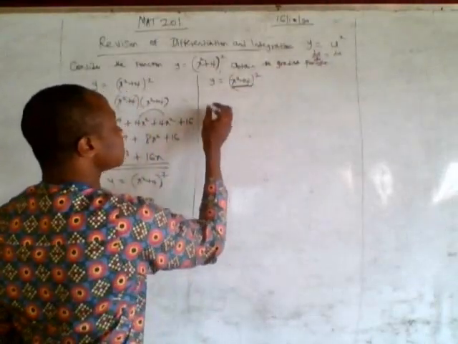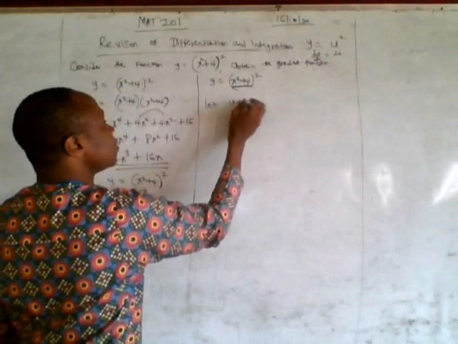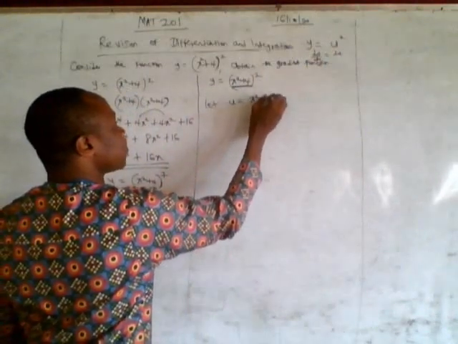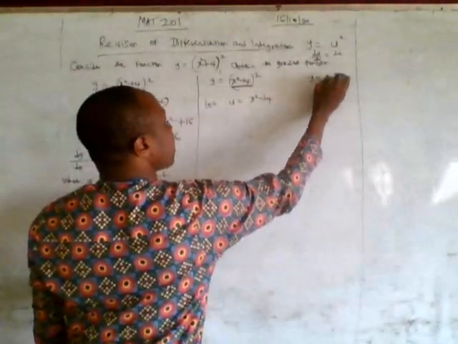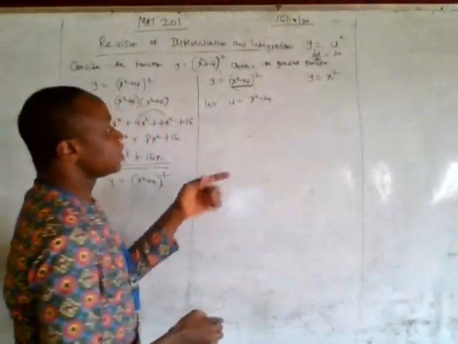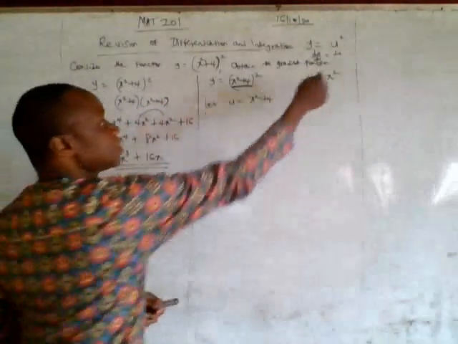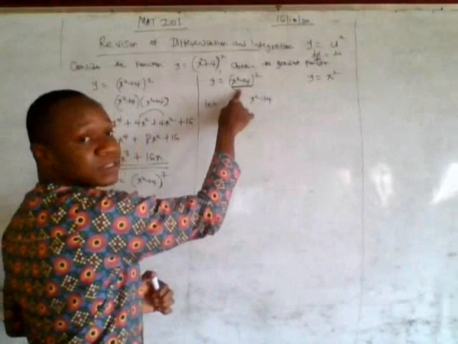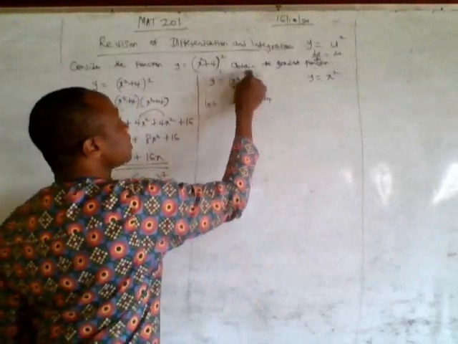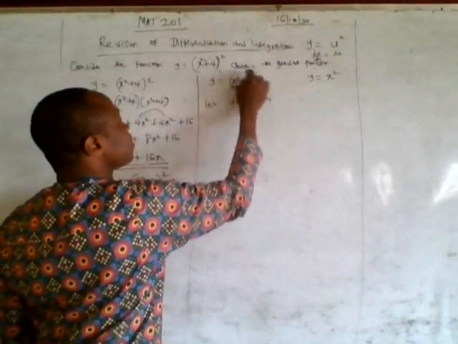So what we do is that we introduce a single letter to represent this. I know that if I had only y equal to x squared, dy/dx will not be a problem. It's simply 2x. So this is a single letter. This is not a single letter. So we try to make this a single letter.